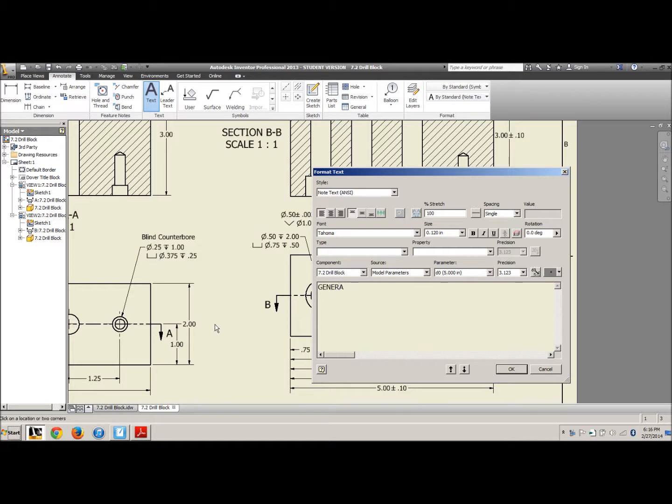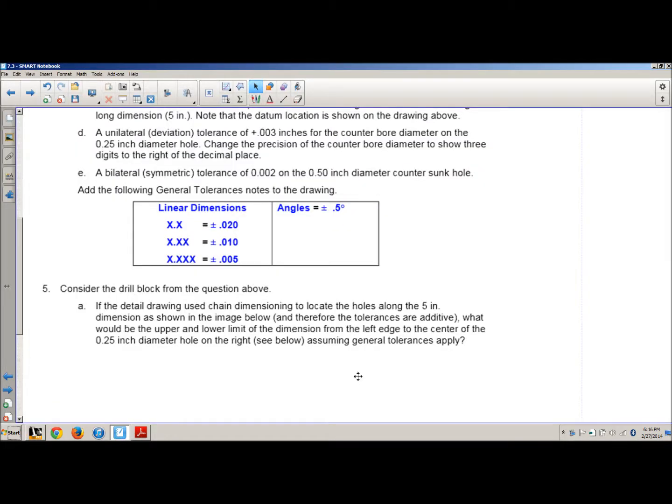We actually are supposed to use all caps when we're doing text on drawings. I'm in a bad habit and sometimes I forget that fact, but general tolerances. Of course, I think if we have 1 decimal place, then it's supposed to be 20 plus or minus 20 thousandths.